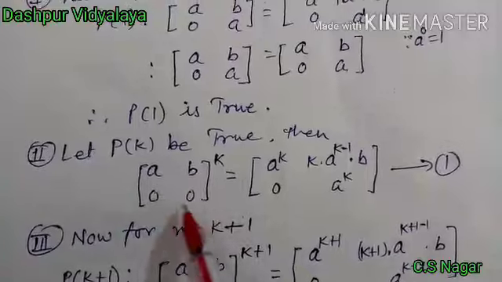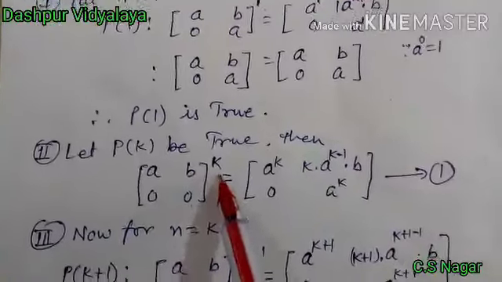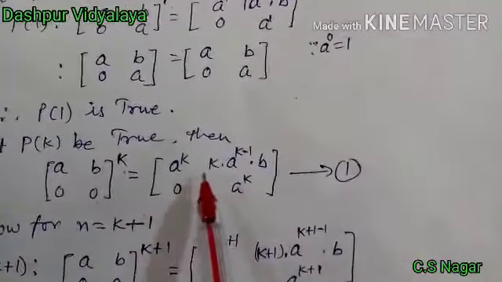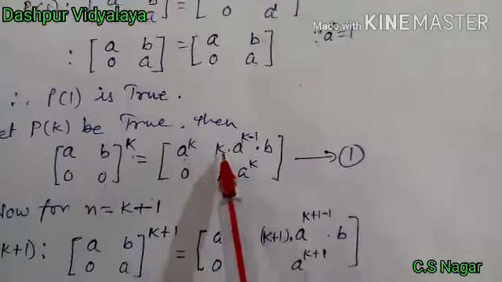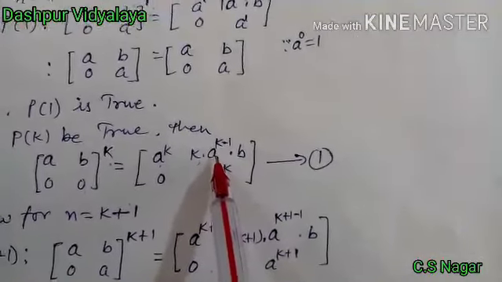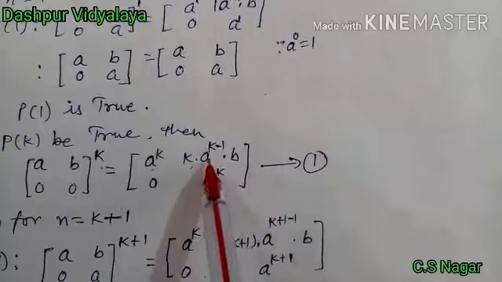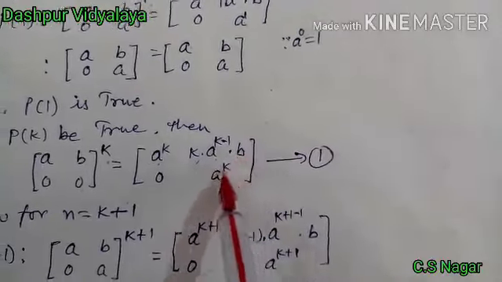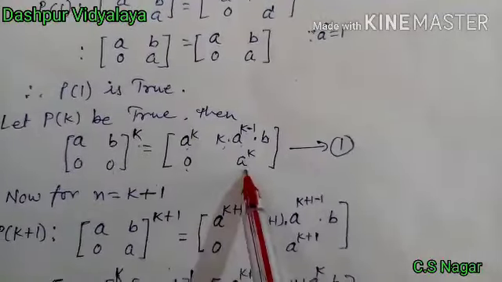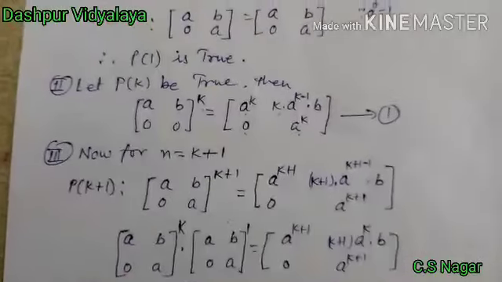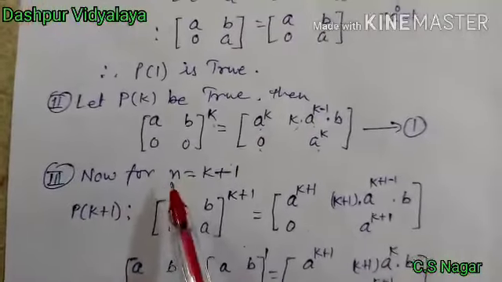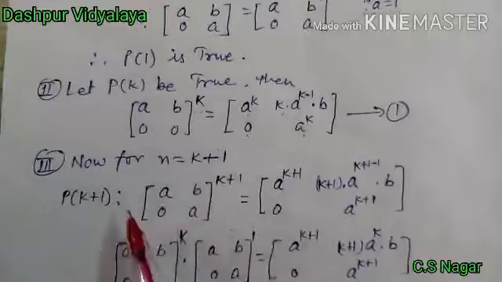So [[a, b], [0, a]]^k, in place of n write k, and on the right side also write k: [[a^k, k a^(k-1) b], [0, a^k]], equation number 1. Now we will prove it is also true for n equal to k plus 1.